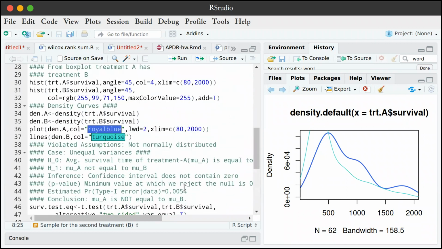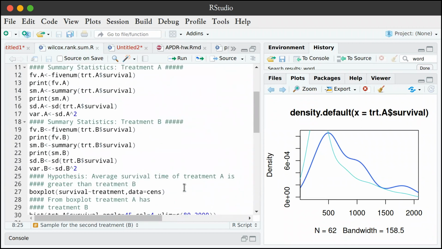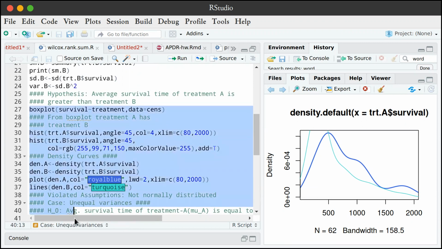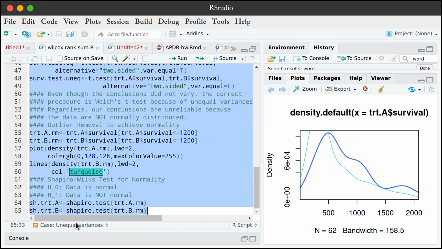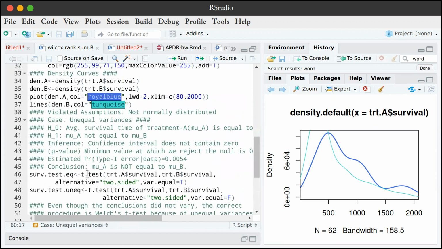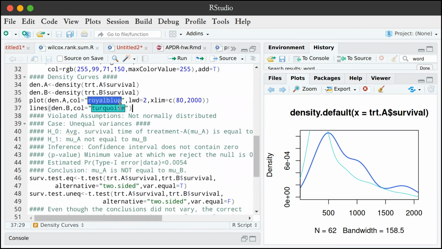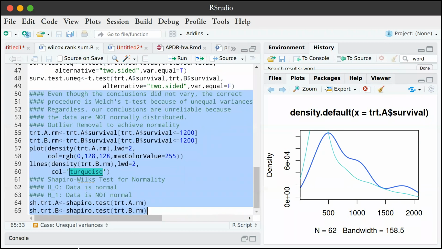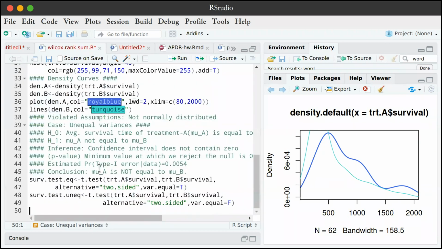So in the previous code, I'm going to get rid of all of that. Let's not jump to conclusions. Just the last part, I'm going to get rid of that.